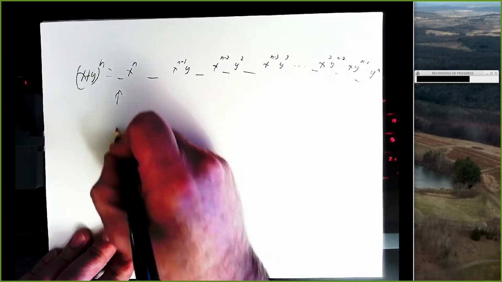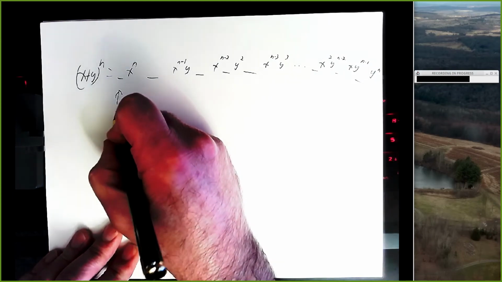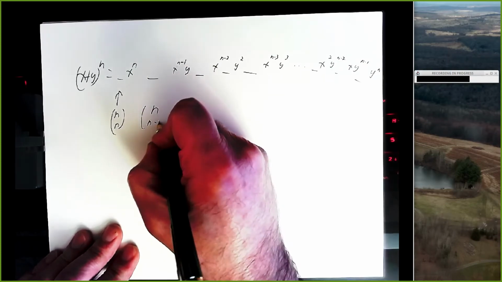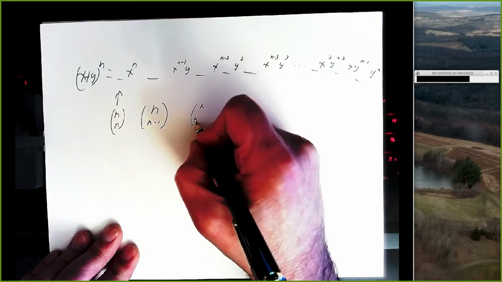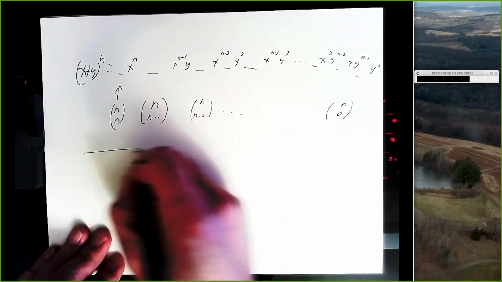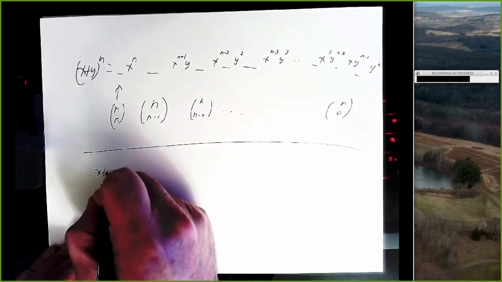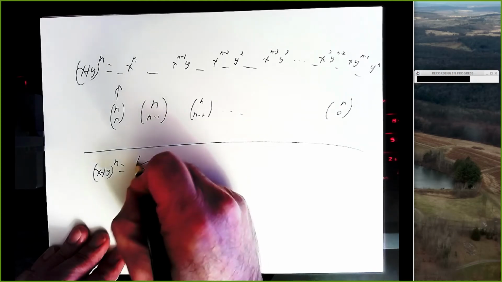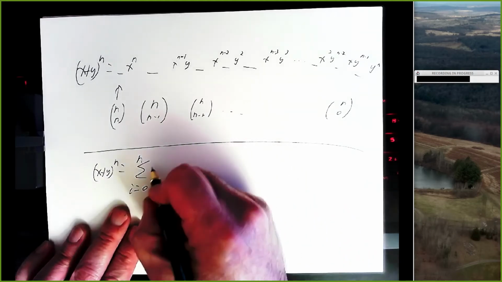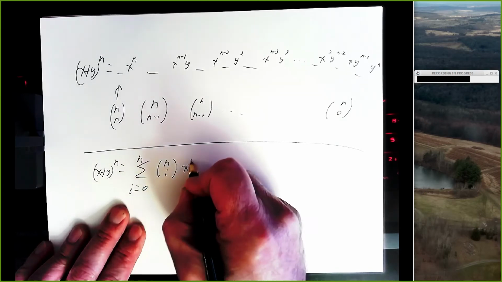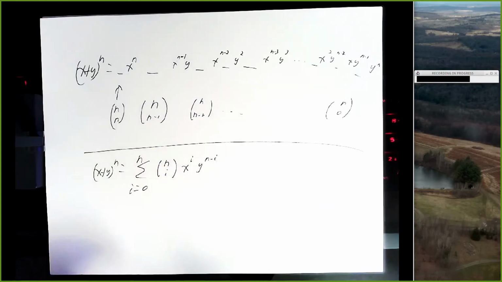These coefficients will be n choose n, n choose n minus 1, n choose n minus 2, all the way down to n choose 0. And so we could write this in a nice little formula. x plus y to the n equals the sum from i equals 0 to n of n choose i, x to the i, y to the n minus i. And that's a nice little formula.